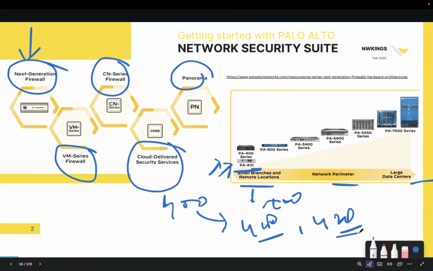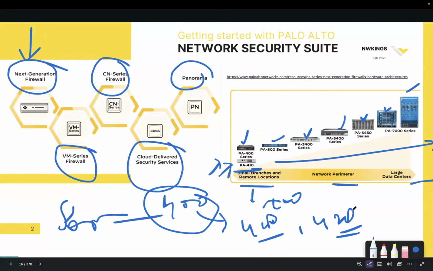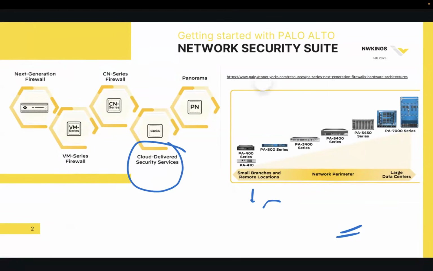And when I say 400, it's a series. So the series are the 400 series, 800 series, 3400 series, 5400 series, 5450 series, and 7K. It grows depending on the use of the firewall, and based on that you choose which to use.